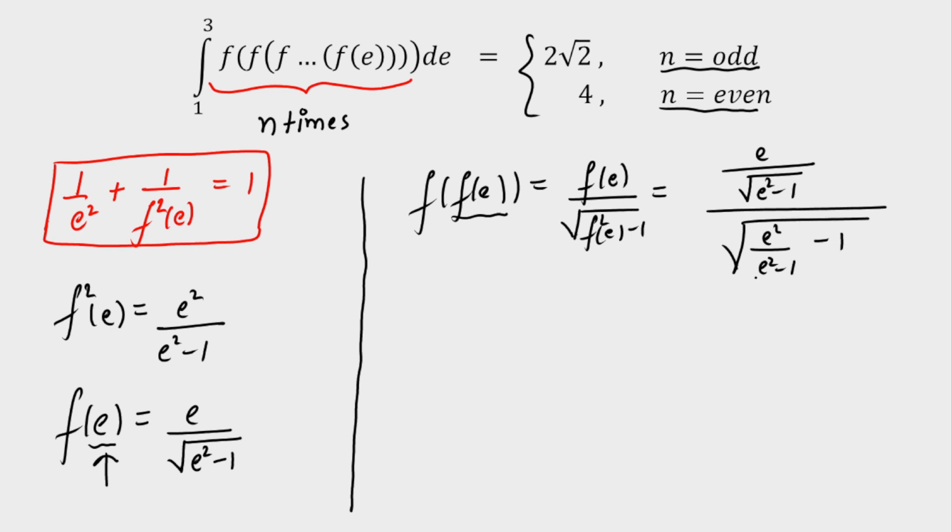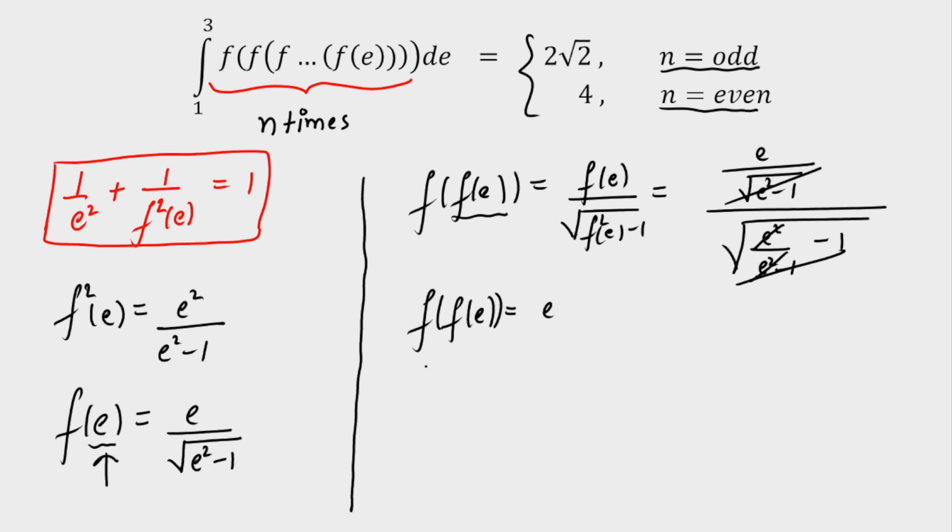After taking LCM, the E square and E square will cancel out, and in the numerator of the denominator we'll get 1. The remaining root over E square minus 1 will cancel out, and in the denominator we had 1.